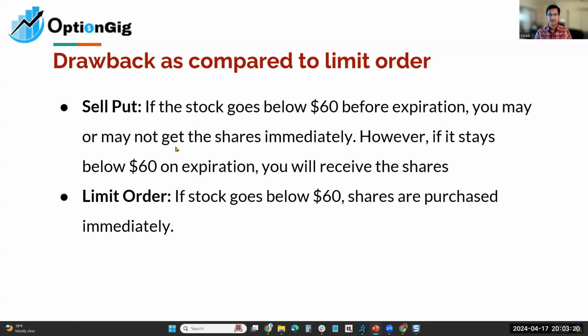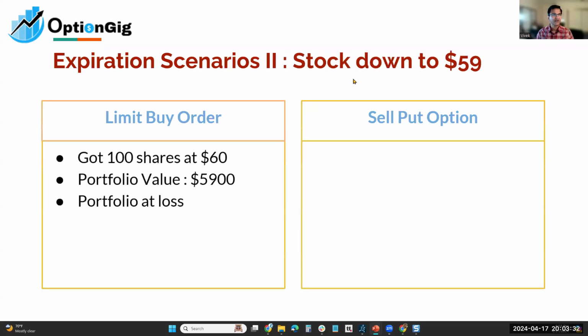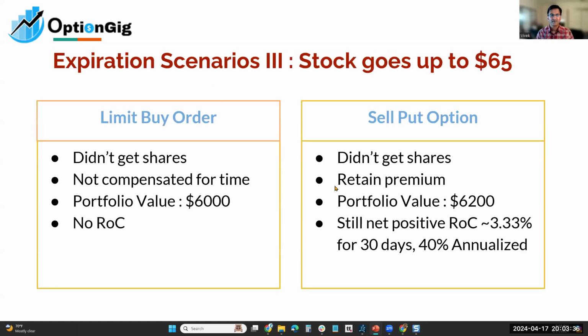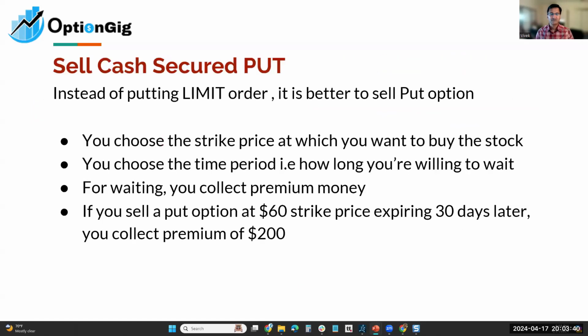That's the only, I would say, drawback. I won't say it's a drawback, but something you should be aware of if you're selling a put. All these scenarios that we discussed were valid at expiration. Before expiration, you may not get the stock. Okay.